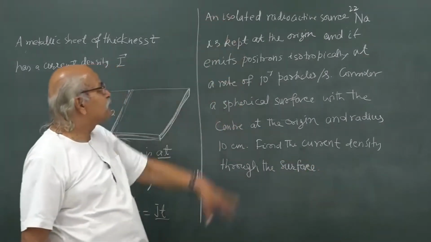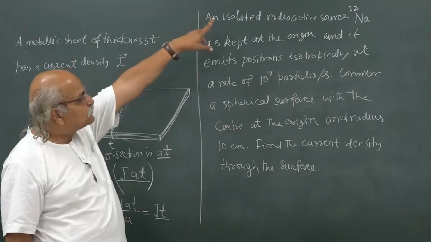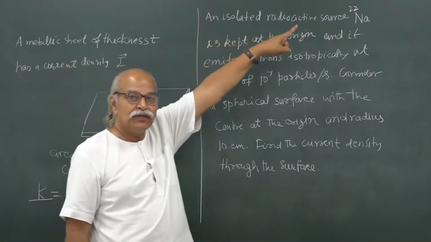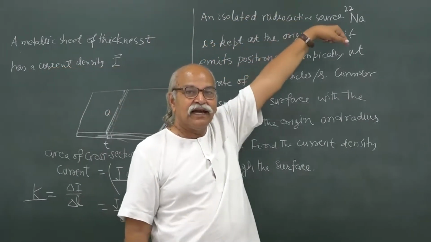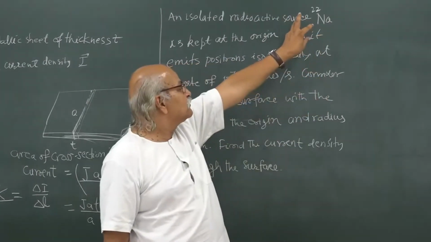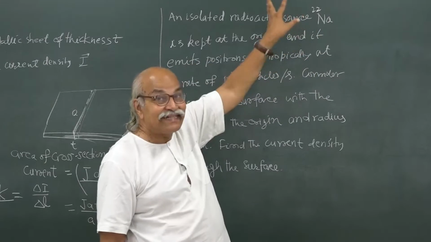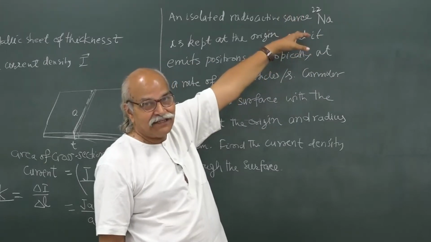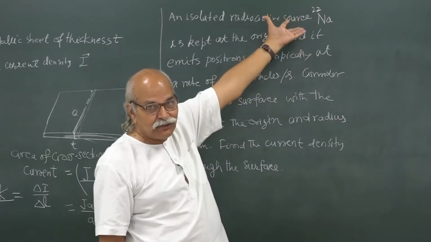So what is all this? You have a radioactive source, sodium 22. Sodium in general has mass number 23, with 11 protons and 12 neutrons.